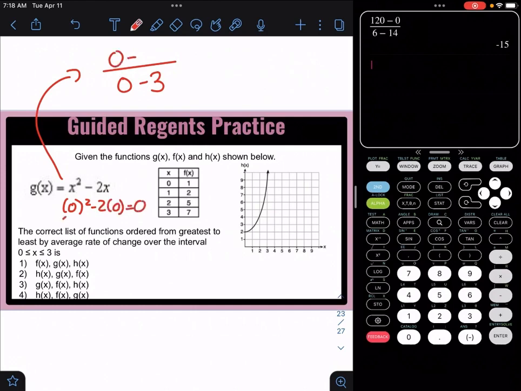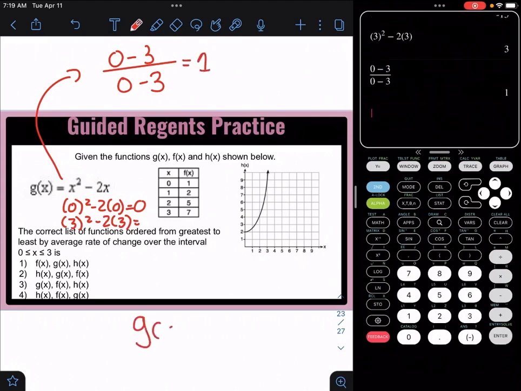And if I put 3 in this equation, what would I get? Let's see, 3 squared minus 2 times 3, I get 3. And now let's type this fraction in the calculator. 3 minus 0 over 3 minus 0. I get 1. So that means for g of x, I get 1. All right. Now let's look at f of x.